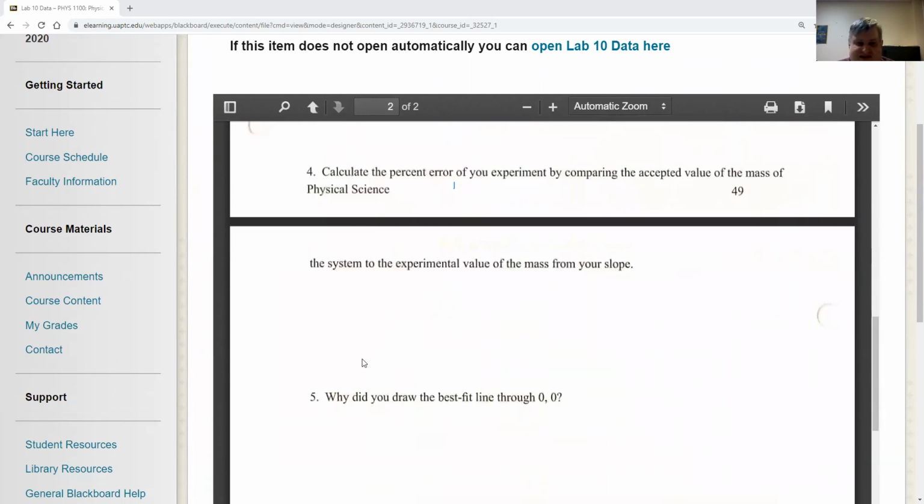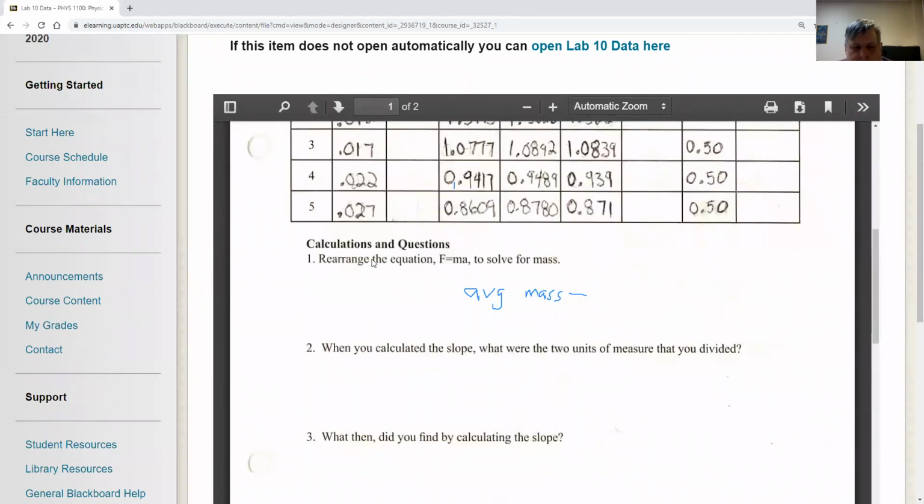Number 4 asks you to use the slope and plug it into the experimental error formula. So what you'll be doing is you will take your calculated mass, the average mass that you calculated back here in problem number 1.